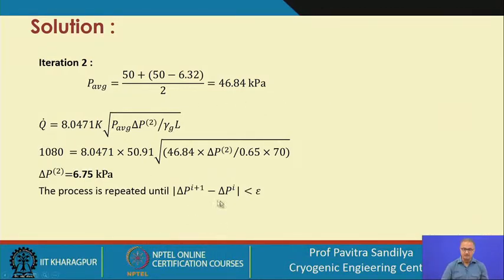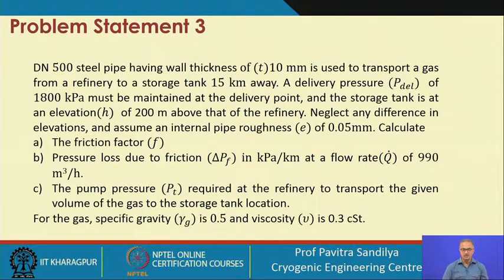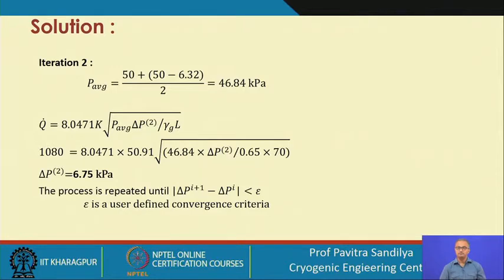Every time we check the pressure drops from two successive iterations, and as long as the absolute difference is not coming below the user-specified convergence criterion, we keep iterating, and we find the value of delta P, the pressure drop.